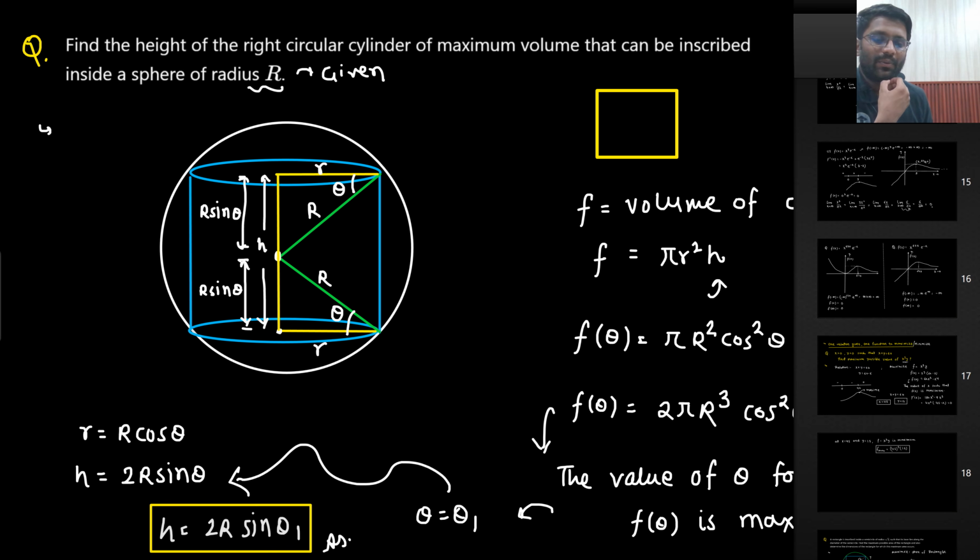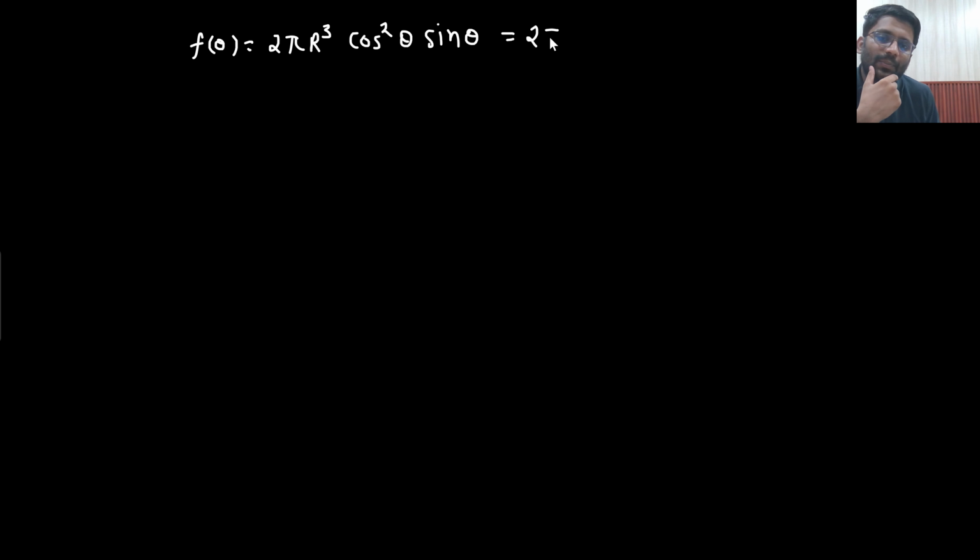So what we need to do is differentiate. f of theta is 2 pi R cube cos square theta sin theta. What I can think is to write cos square theta as 1 minus sin square theta. So 2 pi R cube times (1 minus sin square theta) into sin theta.